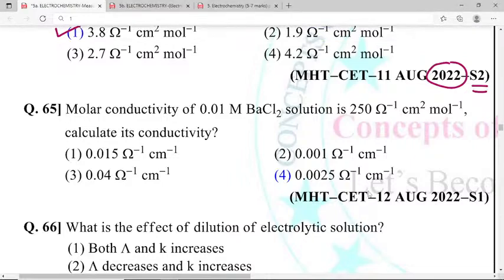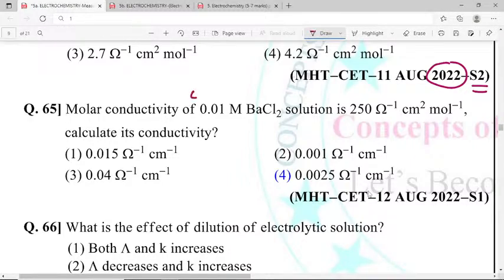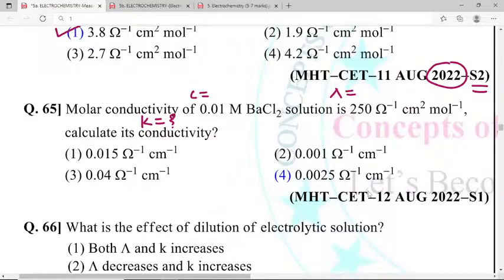Molar conductivity of concentration 0.01. Molar conductivity is given, lambda is given. So calculate the conductivity. So K is equal to, we have to calculate it. What is the formula?